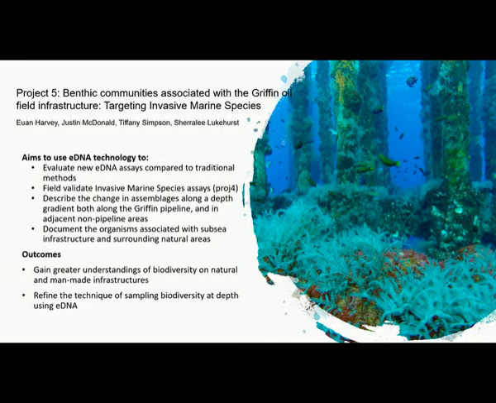One of the really neat things about the Griffin field is that it goes across quite a long depth gradient, going from approximately 15 meters through to 200. And this will give us the ability to answer questions about whether there are invasive species associated with hard structures going across the depth gradient, and to compare the benthic communities on similar native habitats such as reef.